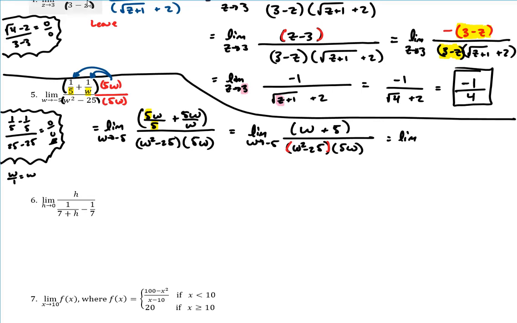So this becomes the limit as w goes to -5. The top we'll just leave as is now, just w plus 5. And then in the denominator, this is the difference of squares, so this is w minus 5 times w plus 5. And then still that 5w is just hanging out, so we don't want to forget it. There it is.